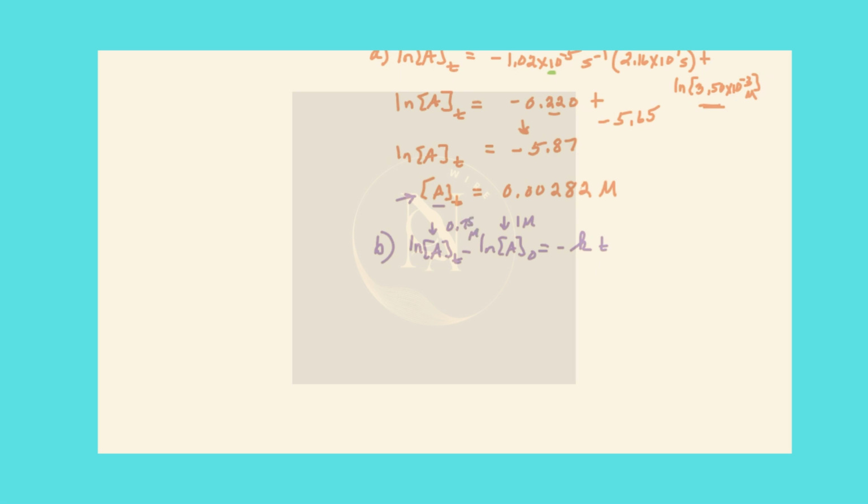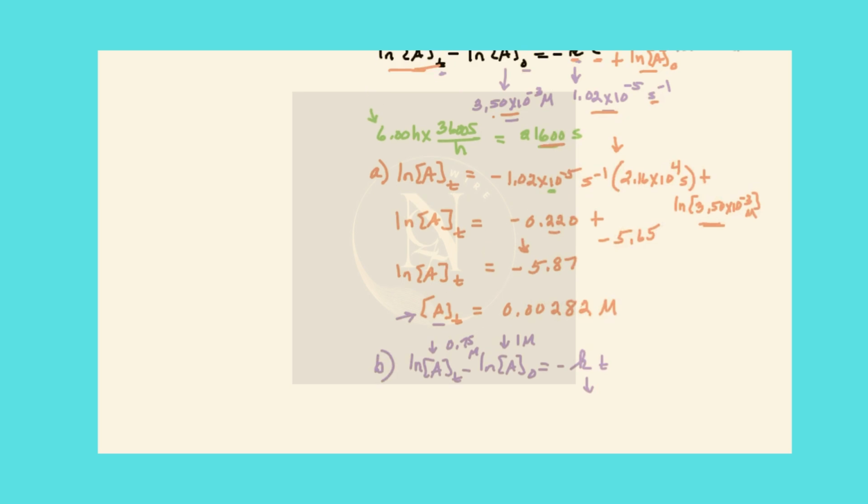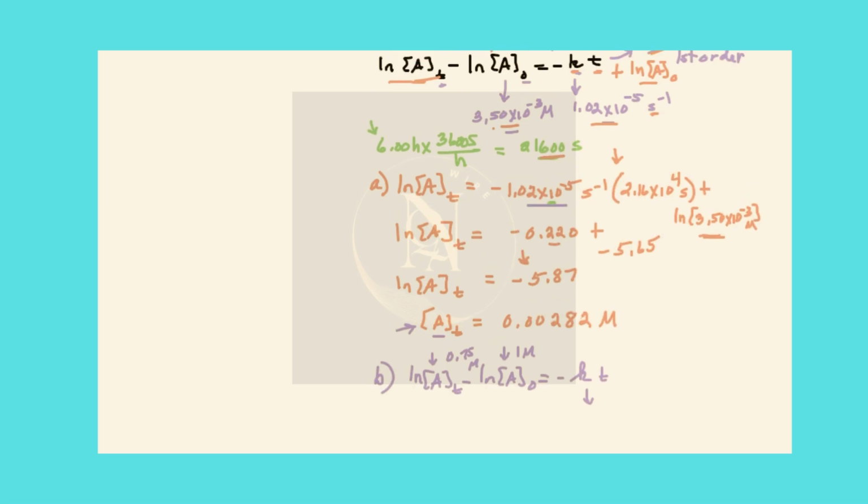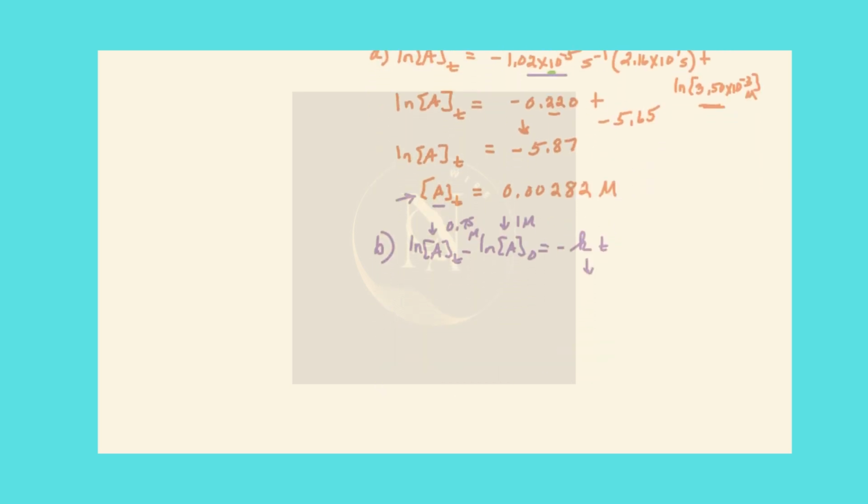Those are the numbers we're going to plug in for concentrations. Again, we have the value for K that was given above. So now all we have to do is take the difference between these two natural log values, where the concentrations are 0.75 and 1 molar respectively, and divide by negative K to get the time that's elapsed.